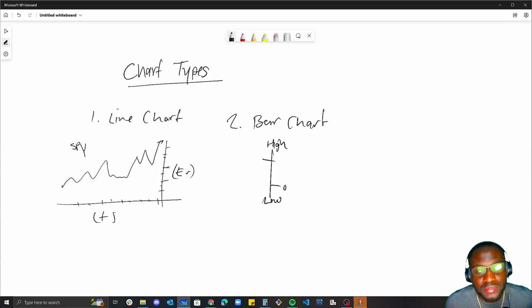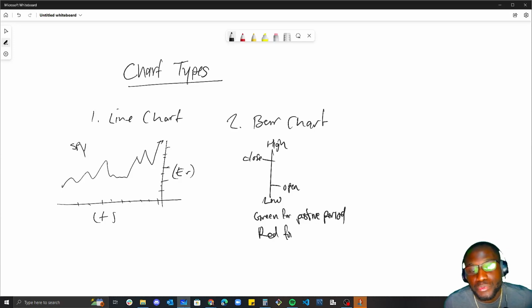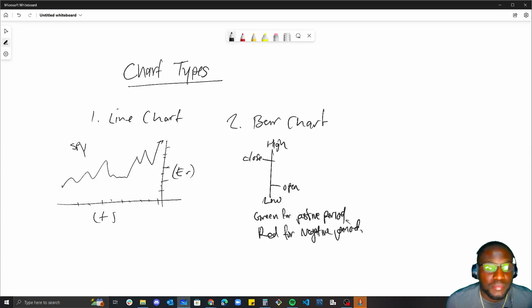Let's say this is the open and the close, and it'll be green for a positive period, red for a negative period. You know, that's what that bar chart represents.